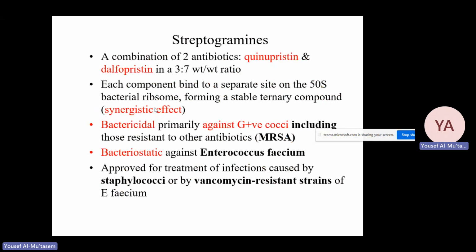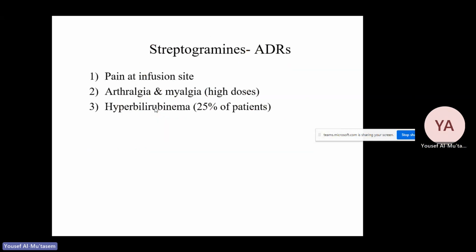Against staph, they have bactericidal activity, and against the enterococcus, they have bacteriostatic activity. As we said, they are the last resort we have against vancomycin resistant strains of staphylococci and Enterococcus faecium and the MRSA, methicillin resistant Staph aureus.